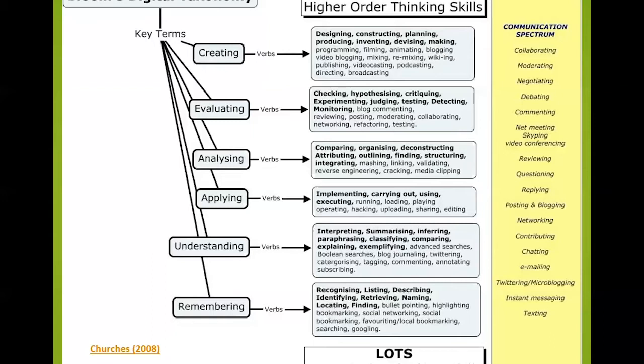Great, thanks. So similar to how we have the Bloom progressing from the lower level of remembering all the way to creating, we now have this communication spectrum from texting all the way up to collaborating. Sure, yes. So can someone choose their own verbs, bring other things into the spectrum when deciding to integrate technology? Sure.